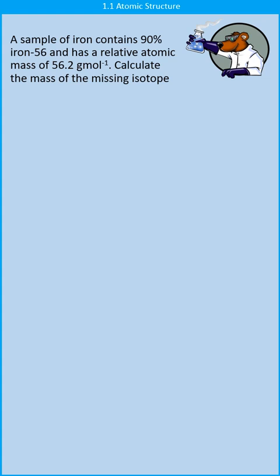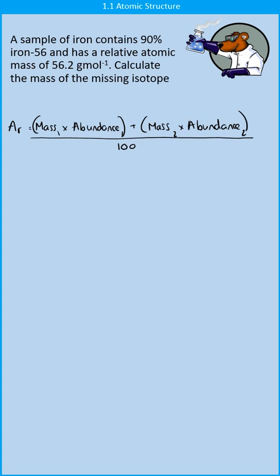So right from GCSE, you were familiar with this concept that we could work out the relative atomic mass of a particular sample by looking at the different isotopes and what their relative abundance were and creating a weighted average. Now, just as a matter of personal preference, I'm not a big fan of using this long form of the equation.